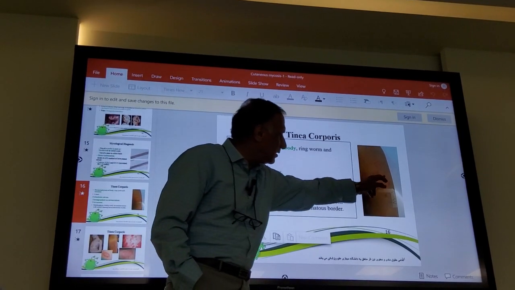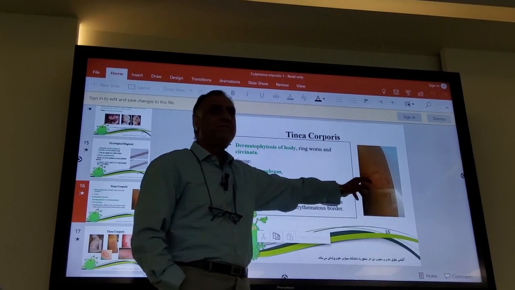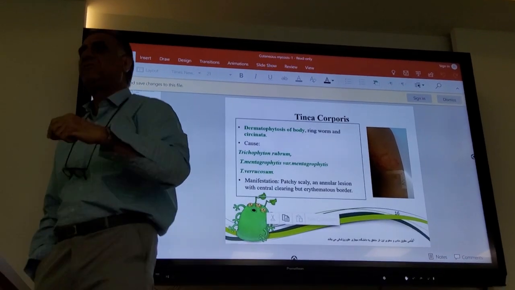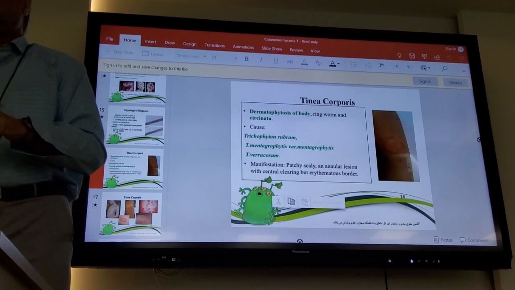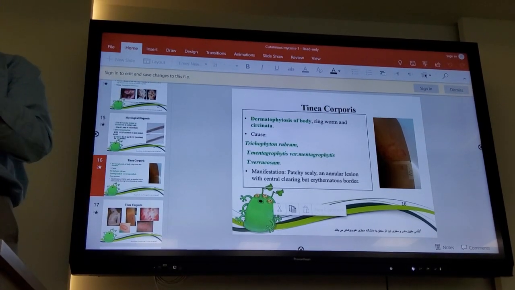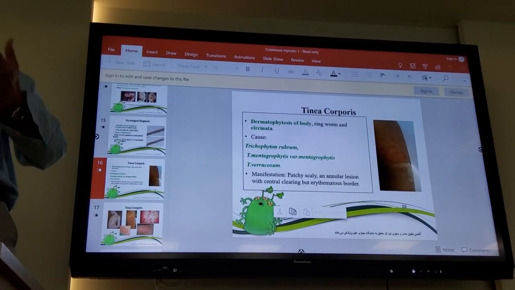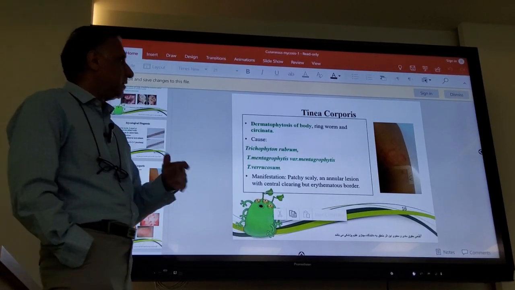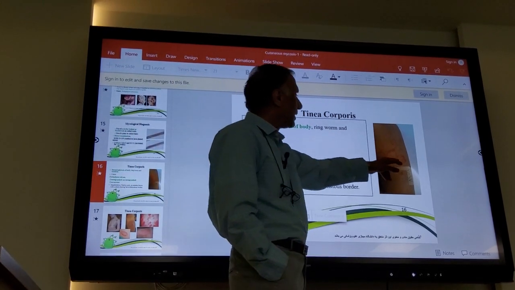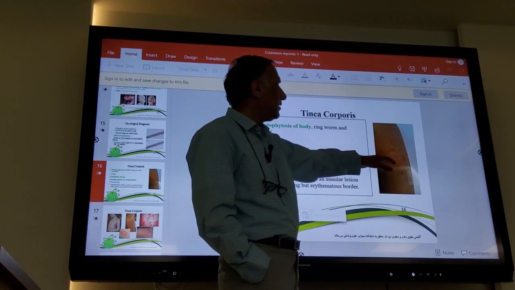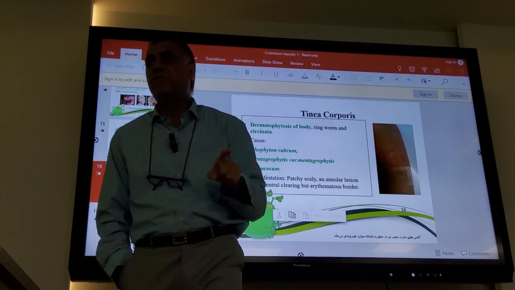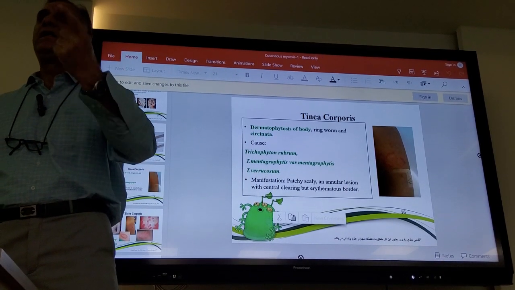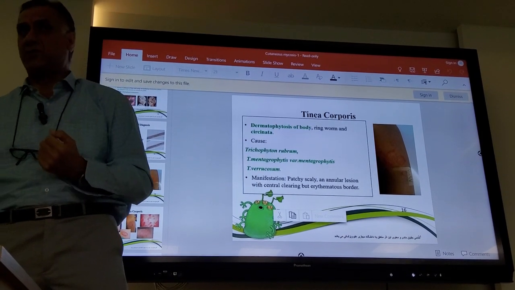In this picture, you see erythema, redness, inflammation, and if there is hair, you may see the hair missing and being lost. But on skin, usually a ring form of lesion is important for clinical sign and clinical diagnosis.